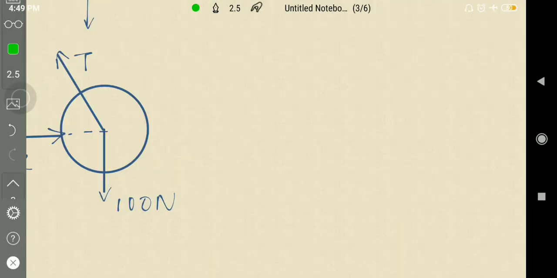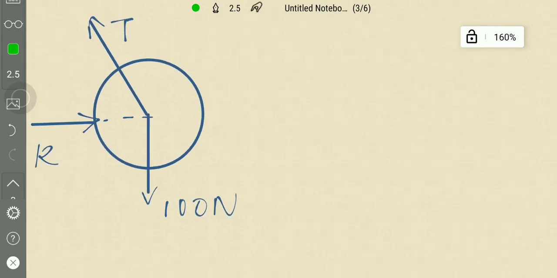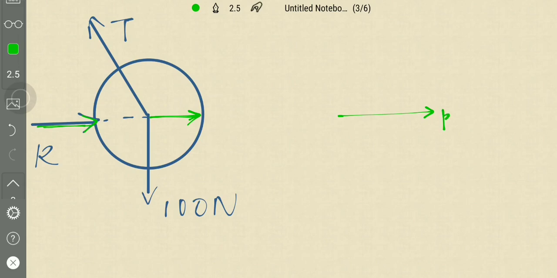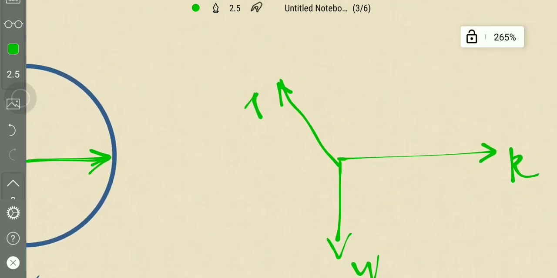Let me take another color. I can place this force here because due to the transmissibility of forces law, I can place this force here which is in the same line of action. Then the forces can be drawn like this. This is R, this is W, and this is T. Okay.